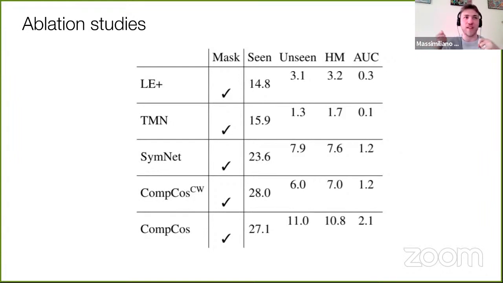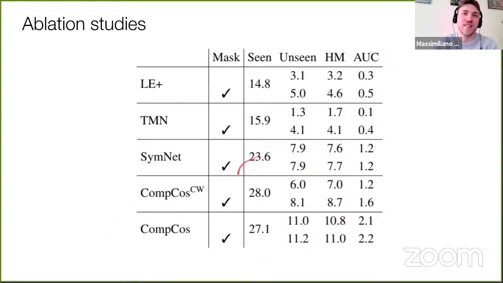We didn't find a better way to not use any of the unseen compositions. But let's say you estimate a threshold, and then with this threshold you take out the compositions that are less feasible, and you apply this mask to all approaches. So not only to our CompCos, but also to other closed world approaches. And actually the results are improving. Like here you can see for LabelEmbed Plus, for TMN.